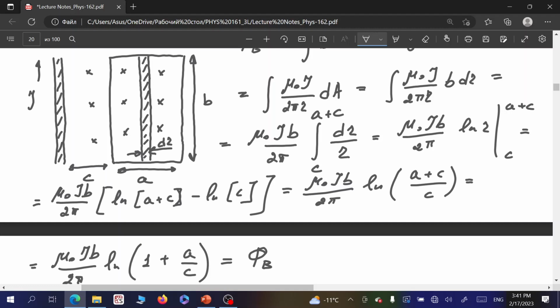What is important to mention here for your understanding: let us recall the statement of Gauss' law in electrostatics, that the flux of the electric field vector through a closed surface, so that is the key moment, closed surface, will be equal to the ratio Q divided by epsilon naught.